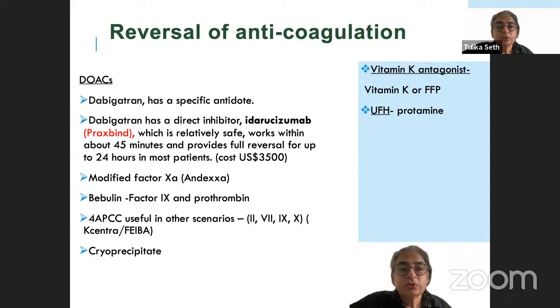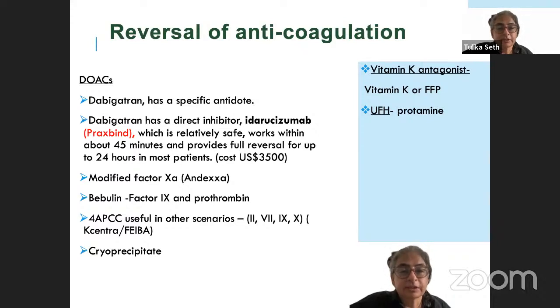Now, what happens if you get bleeding with a DOAC? The dabigatran has a specific antidote. This is unfortunately not available in India. And even if it were available in India, it costs about 3,500 for a dose.